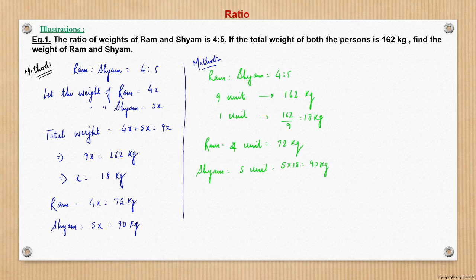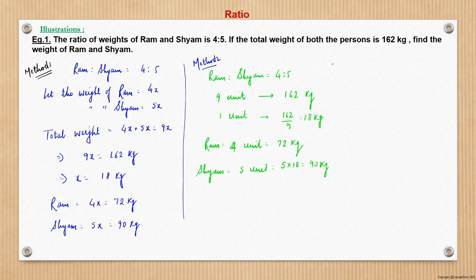This is an even simpler approach, and this is the approach we will be taking going forward, because herein we save time, and it is very intuitive. If 4 is to 5 is the ratio, the total summation of the ratio is 9. 9 represents the total weight, which is 162 kg. So if 9 represents 162, 1 unit will be 18 kg. So 4 units will be 72 kg, and 5 units will be 90 kg.